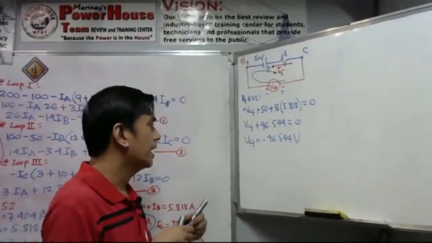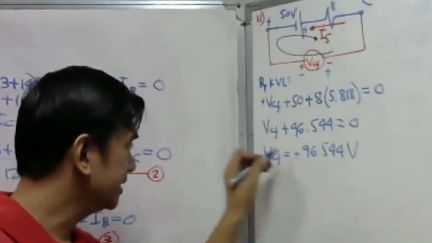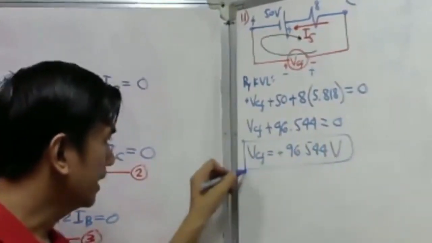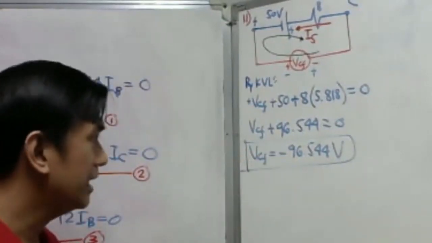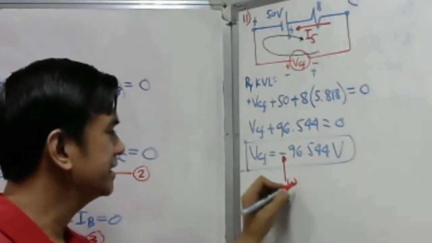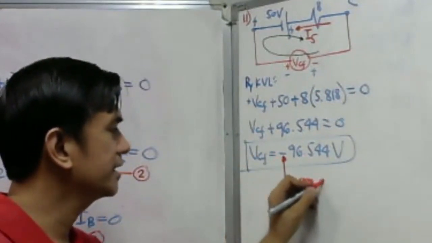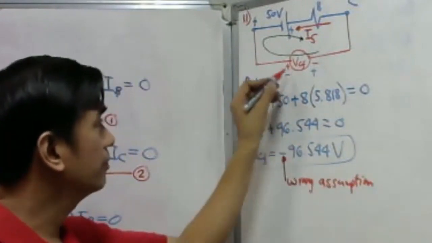So, basically, our answer is this. You can make this positive, no? Again, I just put here negative because this is what we calculated. Ito yung na-compute natin. This simply means it is just a wrong assumption because I'm the one who assumed the polarity of the voltmeter first.